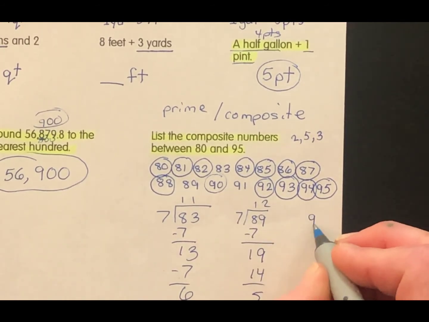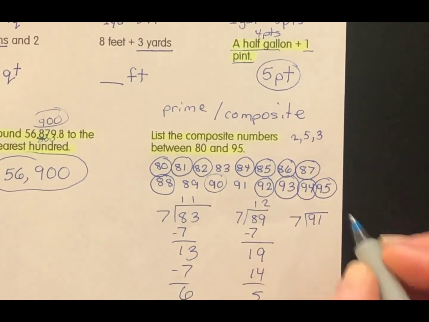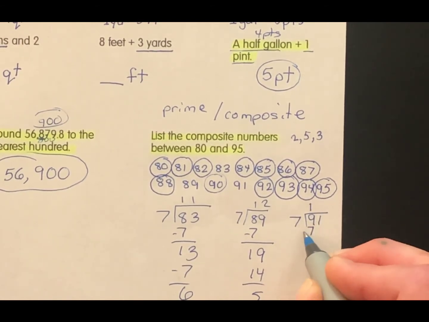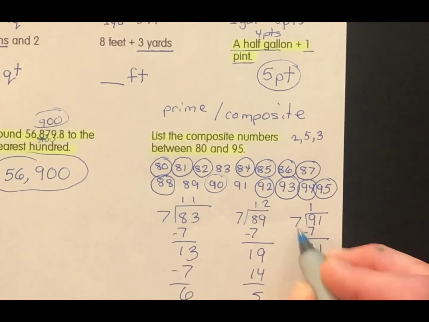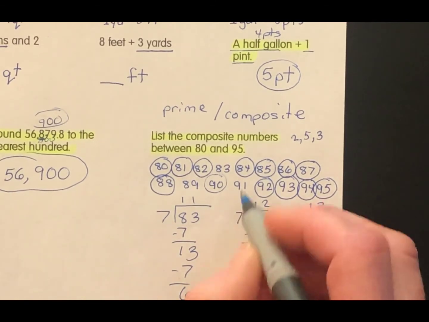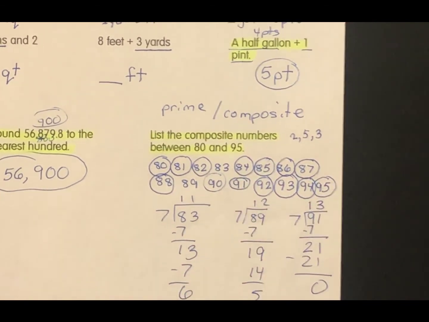91. 7 goes into 9 one time. 7 goes into 21 3 times. All right, 7 goes into 91. Boom.